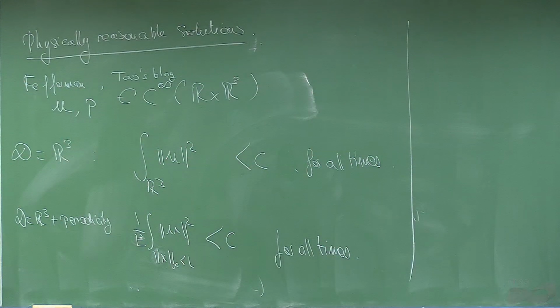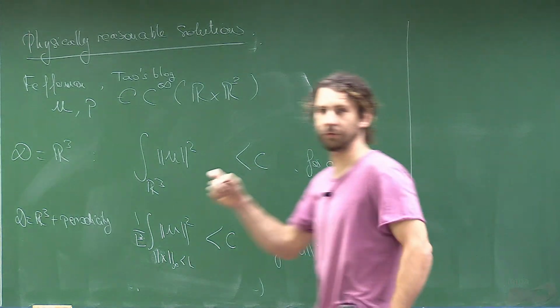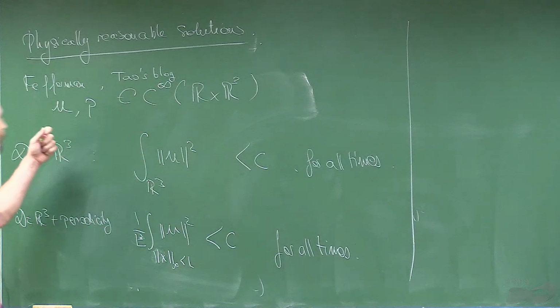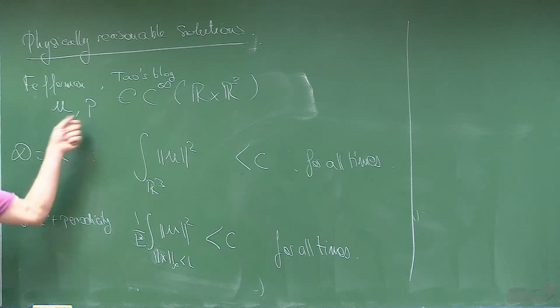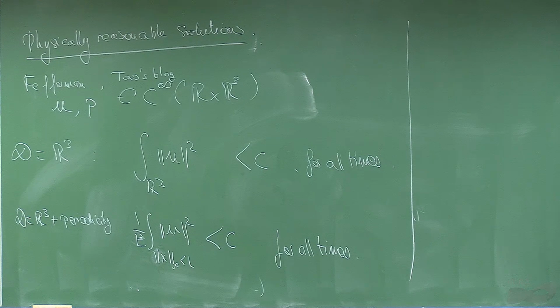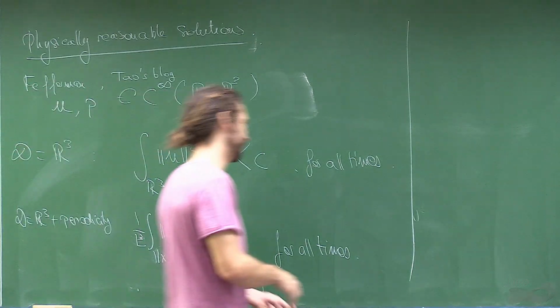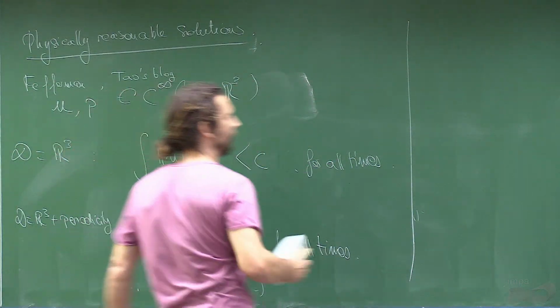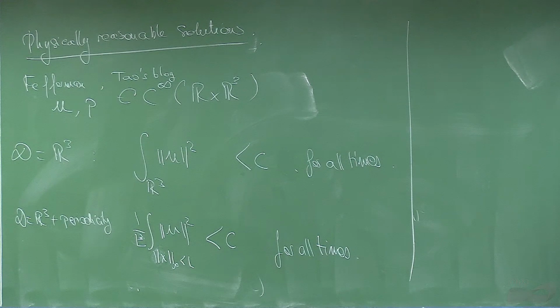And then basically there is one last thing that we need to mention about the Navier-Stokes. We have always been working with u and p, but in fact p is almost a fake field in this story. So let's erase that.